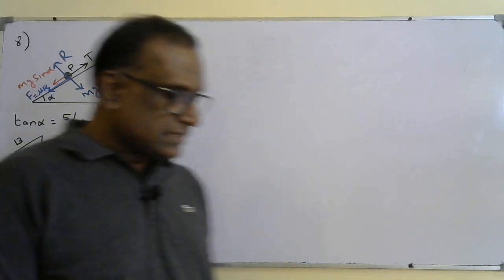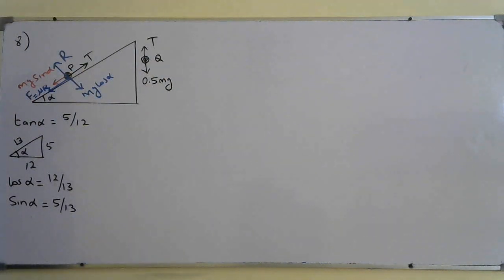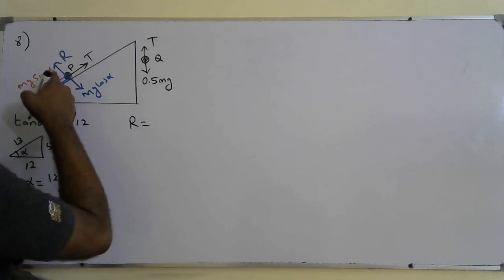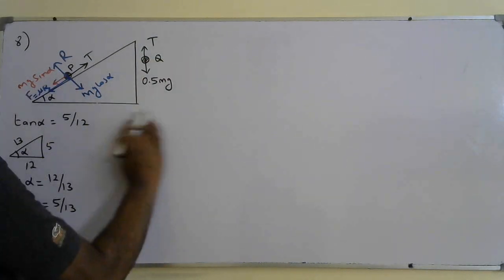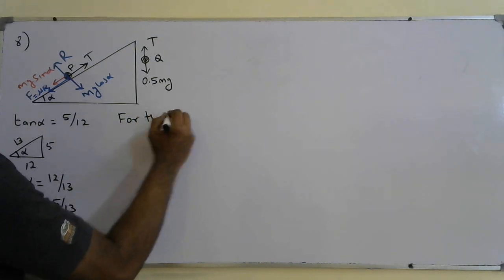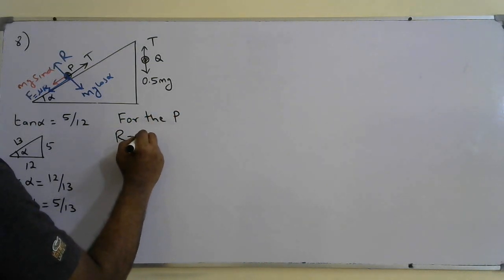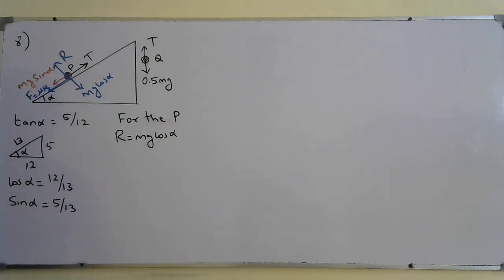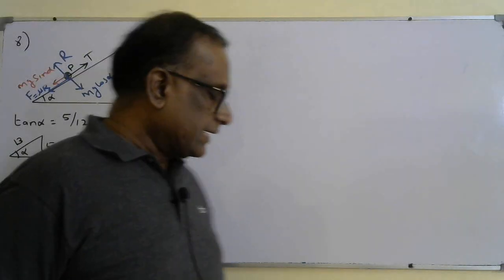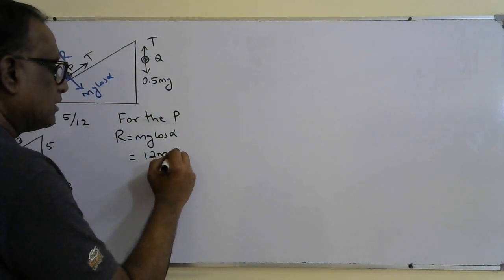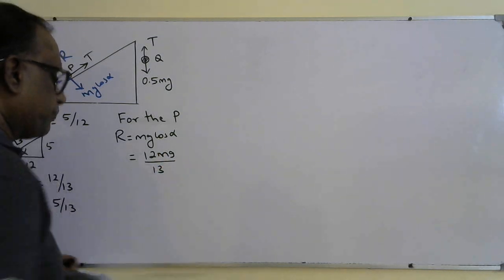Okay, it's limiting equilibrium, so we need to find mu. We know that for P, R is equal to mg cos alpha, and substituting 12 over 13, that is 12 mg over 13.